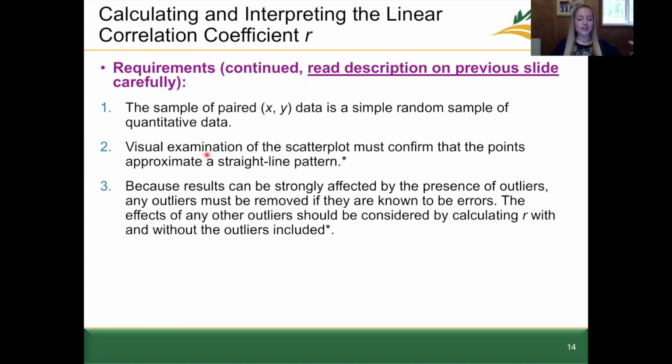Requirement number 3 deals with outliers. Because results can be strongly affected by the presence of outliers, any known outliers must be removed if they are known to be errors in the data. What's nice about calculating R is we can do this fairly quickly in Excel.